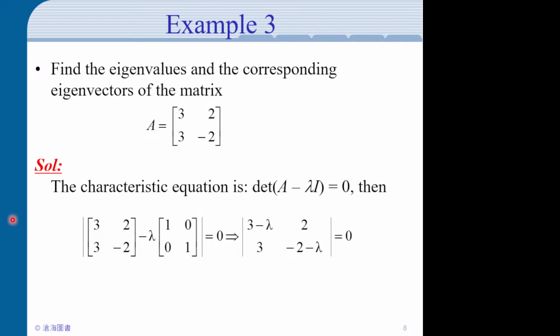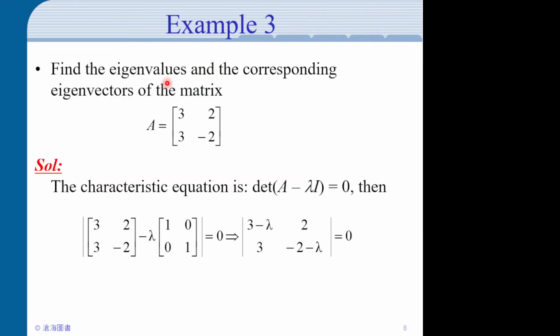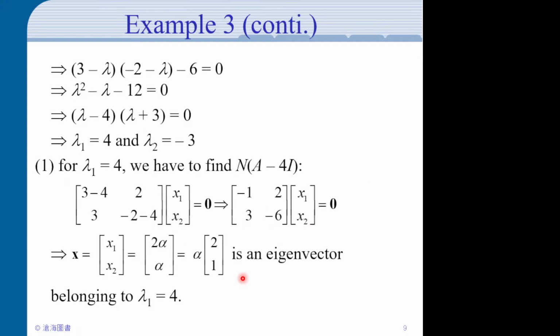A 2 by 2 matrix determinant is easy: it's the product of these two diagonal terms minus the product of these two terms. So that's (3 minus lambda) times (minus 2 minus lambda), minus the off-diagonal product, so minus 6, equal to 0.